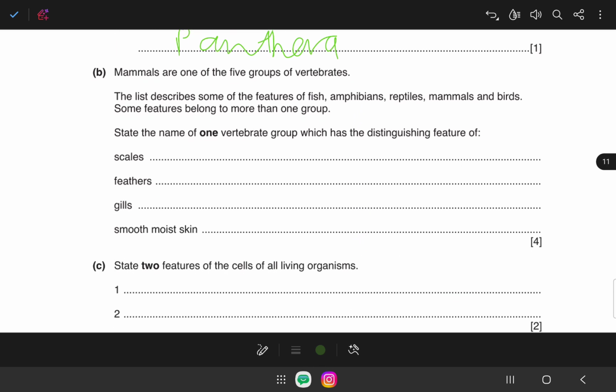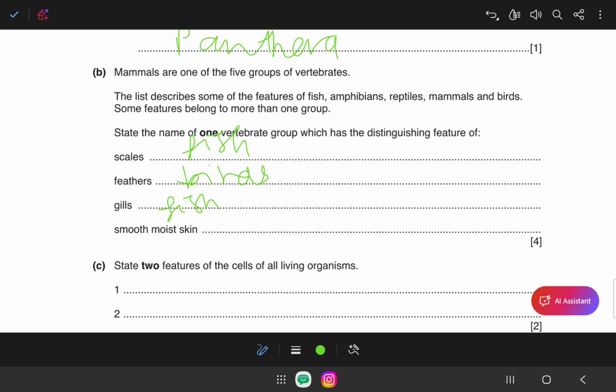Mammals are divided into 5 groups. Oh wow. The list describes some of the features and which groups they belong to. Okay. So scales belong to fishes. Feathers, that's easy, birds. Gills, also fishes.